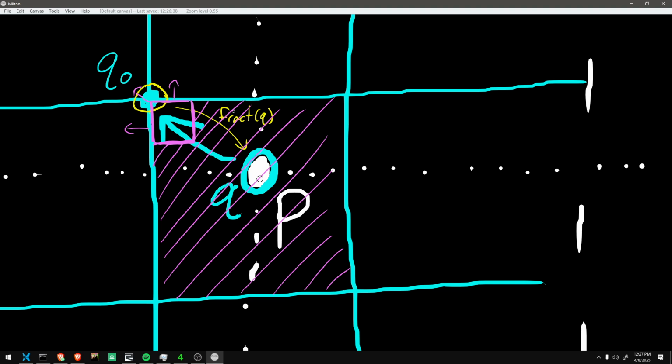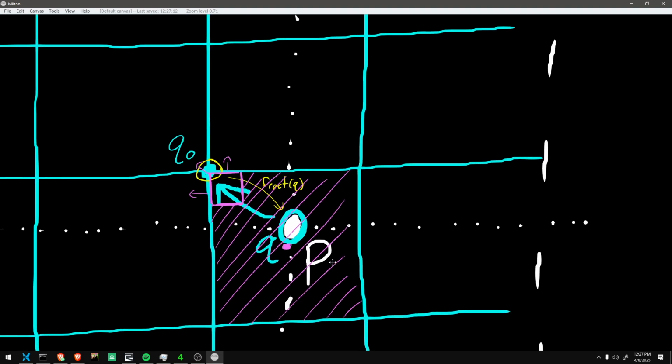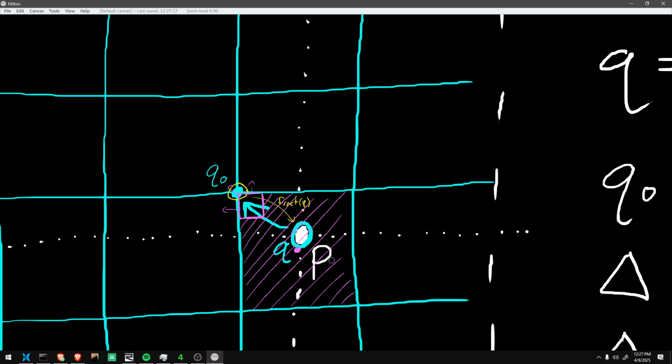So all of the things shaded here are aiming for right here as their sampling point. Everything in this range here is going to aim for, so these all map to there, and so on and so on.